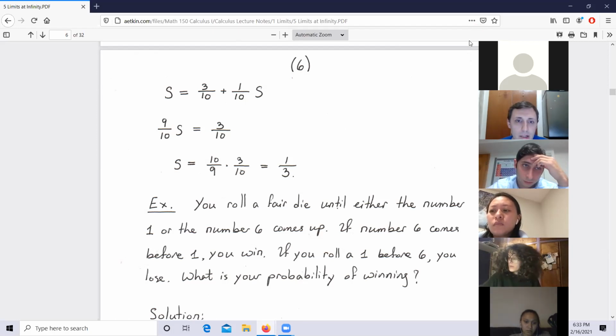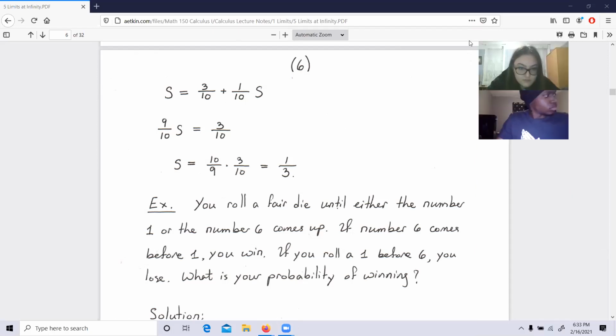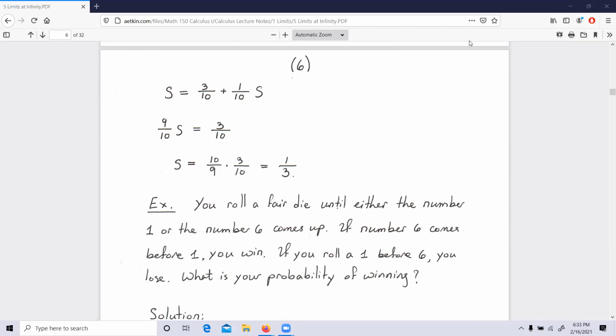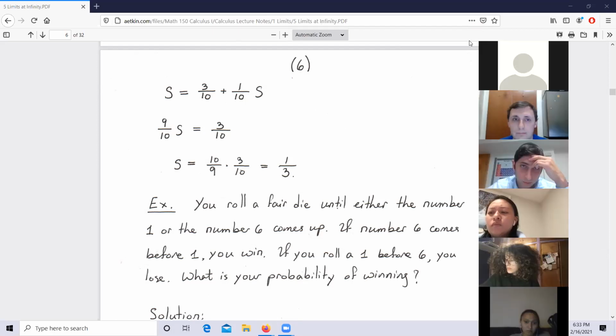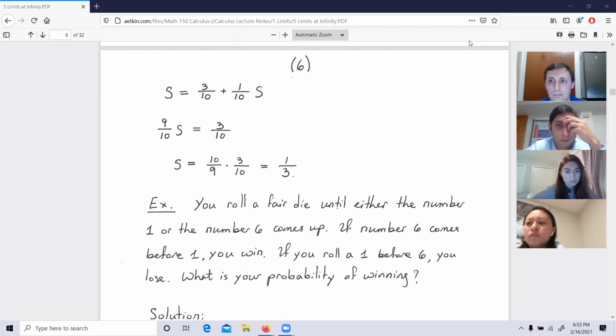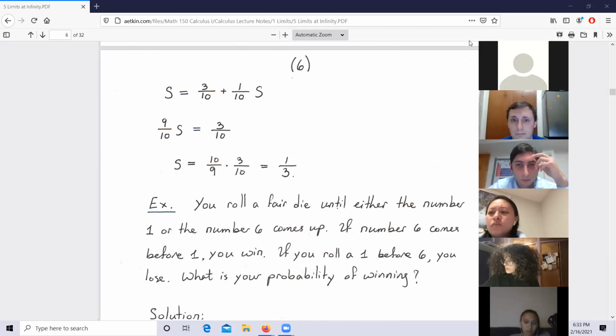Okay, Jasprit, interesting. Tres says 0.25, also interesting. We will solve it together, guys, and see what the result is.